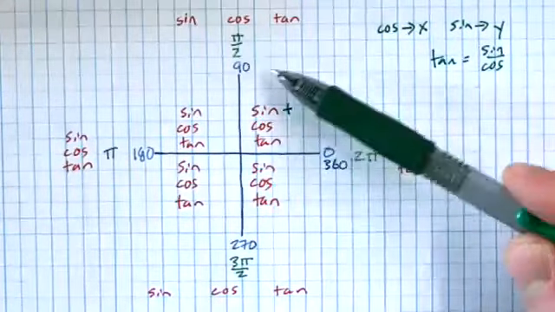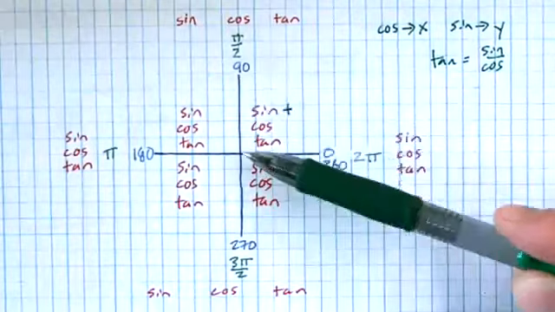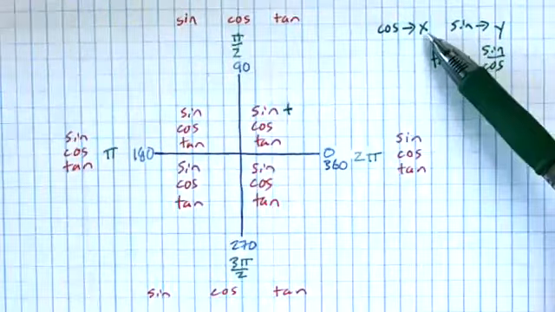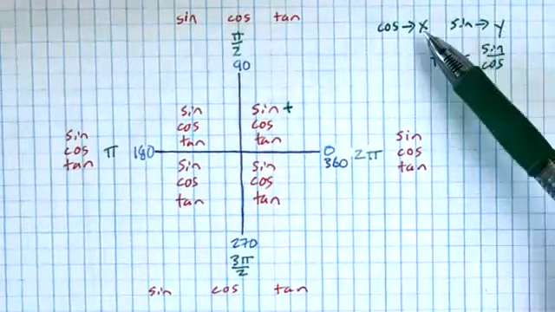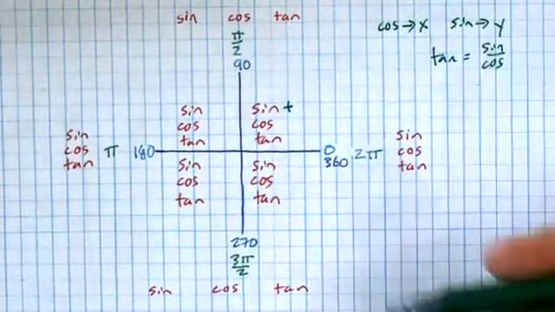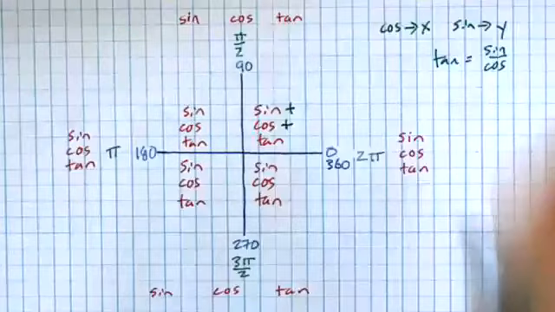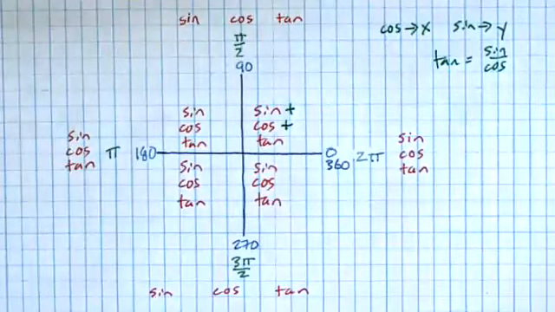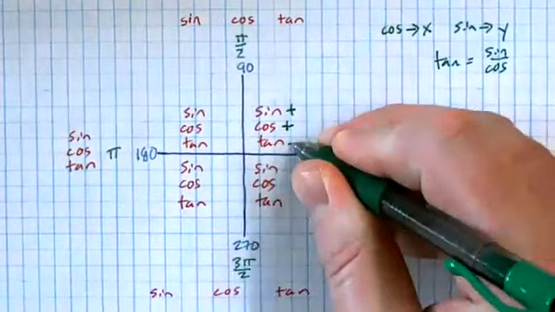So in this first quadrant, think about any point in this quadrant. Would you agree that both the x and the y coordinates are going to be positive in the first quadrant? So that means sine and cosine are both positive. And which means tangent is too, because tangent is sine divided by cosine. So tangent would also be positive.